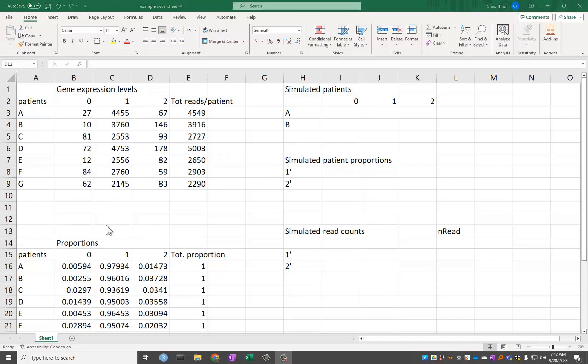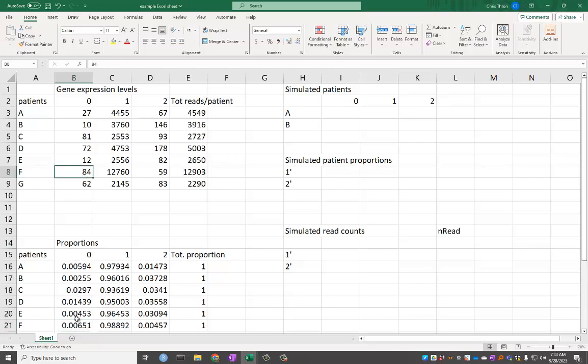But there's still an issue with proportions. Let me illustrate that by jacking these numbers a little bit. Suppose this number here were very large. So if I look down here, this proportion has been updated. The proportion of gene 0 for patient F is quite low, even though this number is rather high.